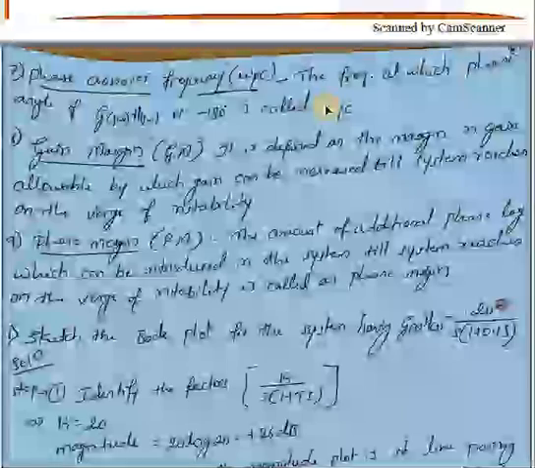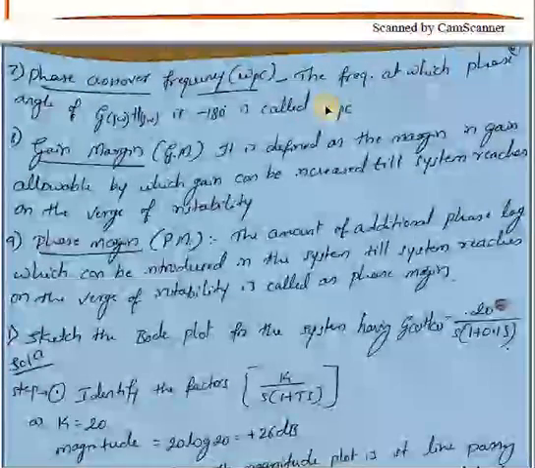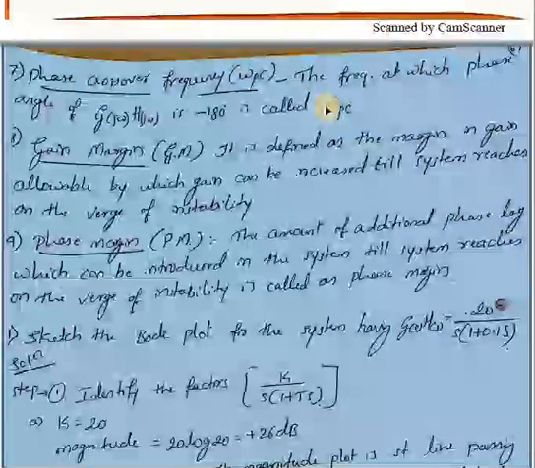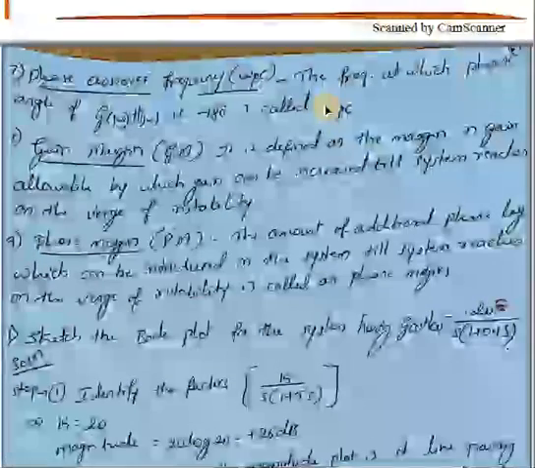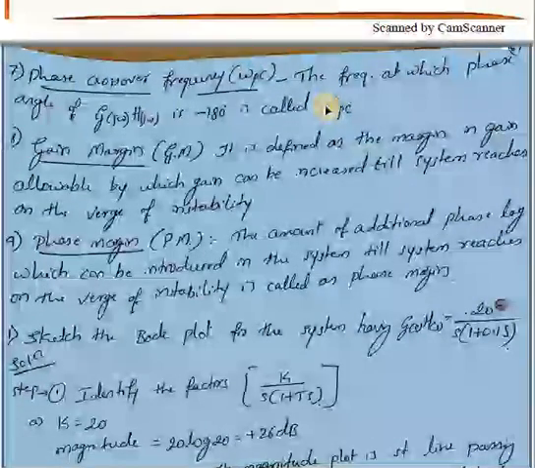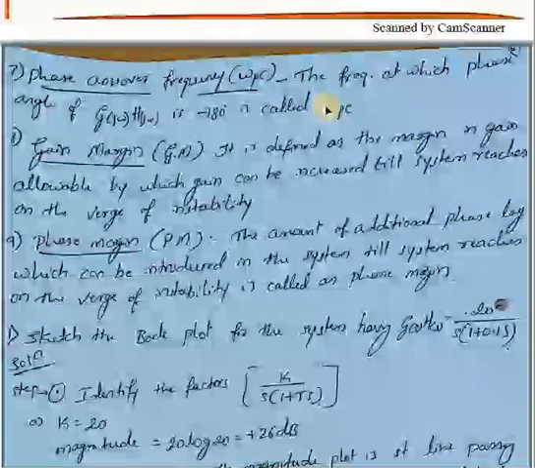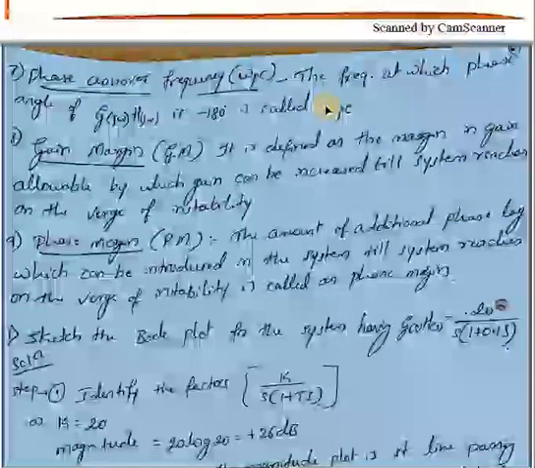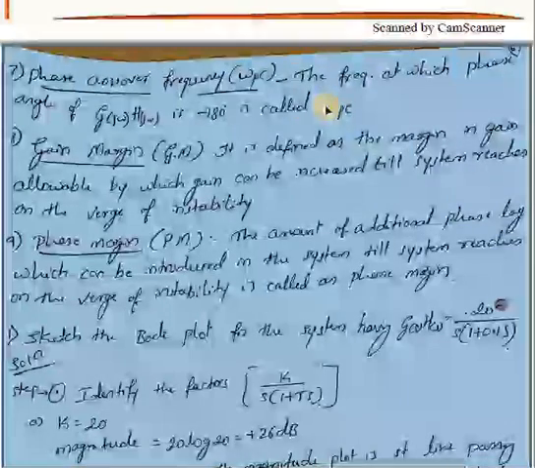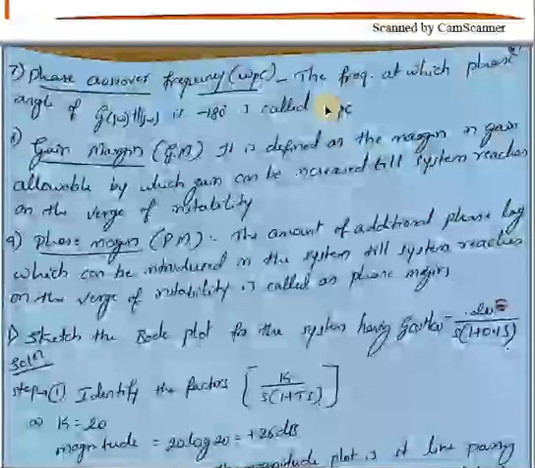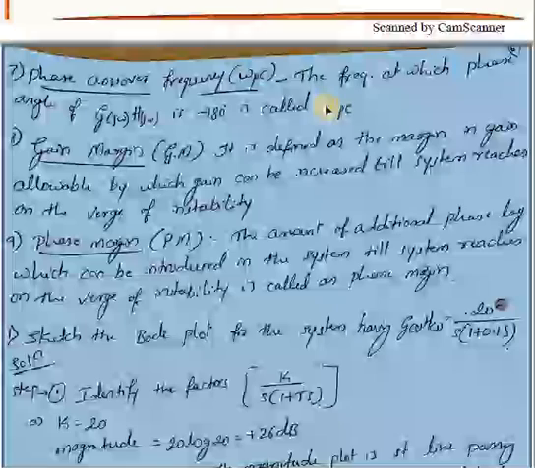The next one is the gain margin. We have already studied the root locus. In that, as the gain K is increased, the system stability reduces, and for a certain value of K it becomes marginally stable, except for first and second order systems. So the gain margin is defined as the margin in the gain by which the gain can be increased till the system reaches the verge of instability.